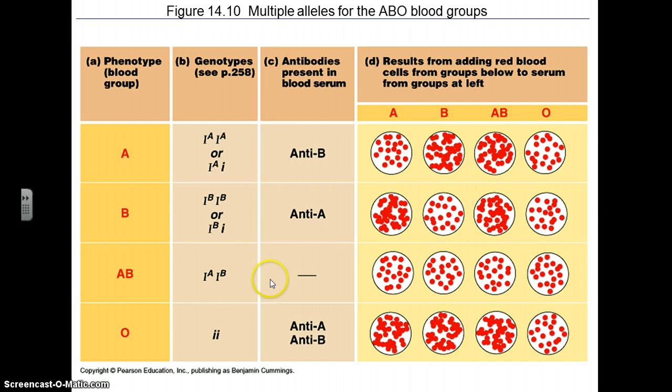AB individuals produce neither type of antibody, so therefore they are the universal recipient. They can receive any type of blood. O's produce antibodies against A and B. So if they're given A, B, or AB, they reject it. They can only receive O. Notice that O is essentially the universal donor, whereas AB again is the universal recipient.